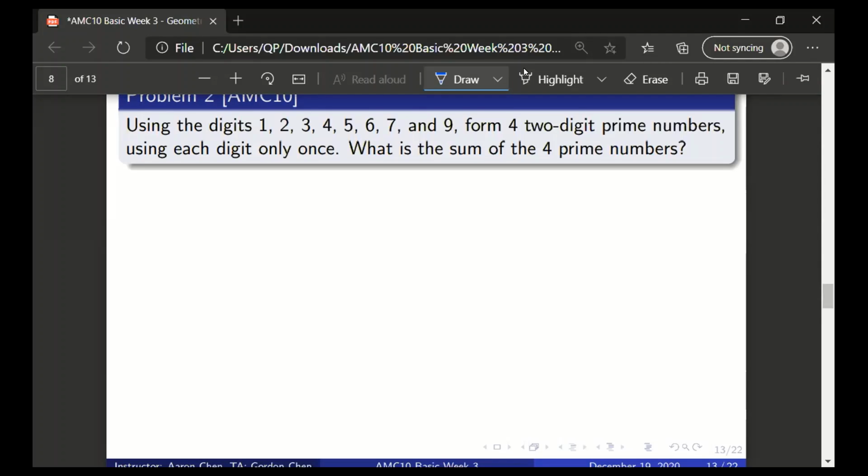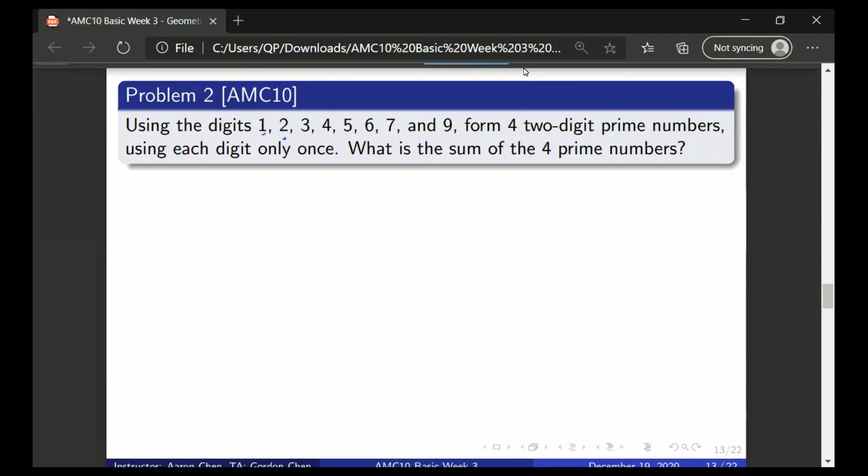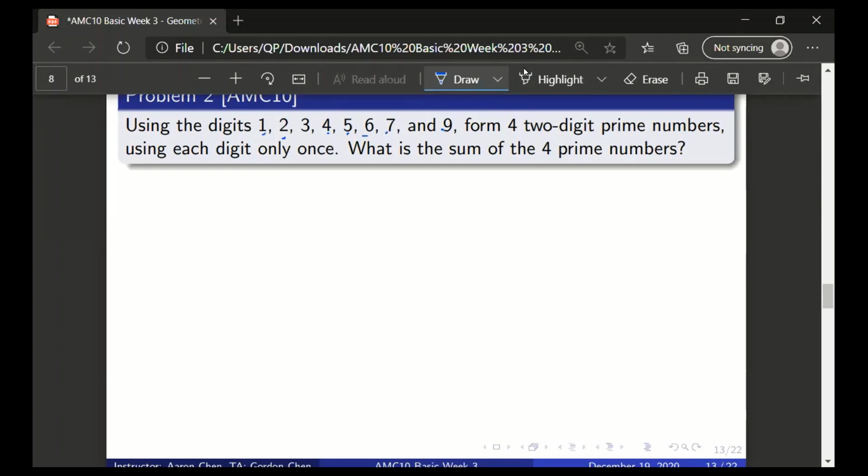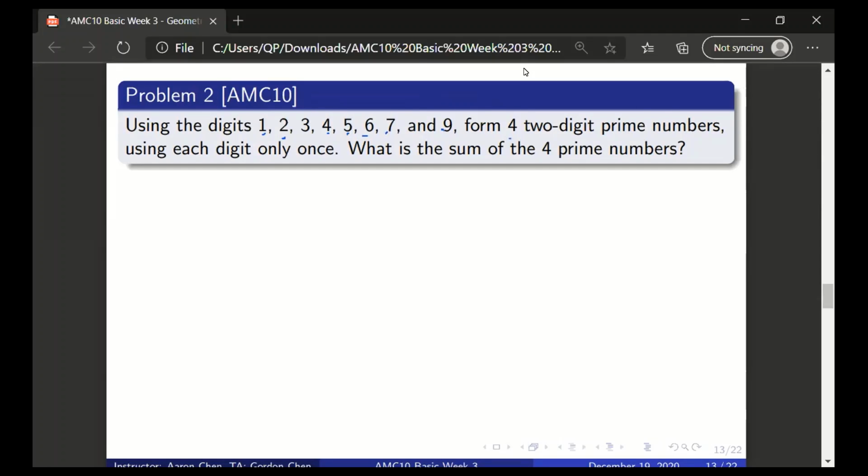So we're using the digits 1, 2, 3, 4, 5, 6, 7, 9 to form four two-digit primes. We should be able to easily see that there are four digits that would result in a number not being prime if they are the units digit, namely 2, 4, 5, and 6.